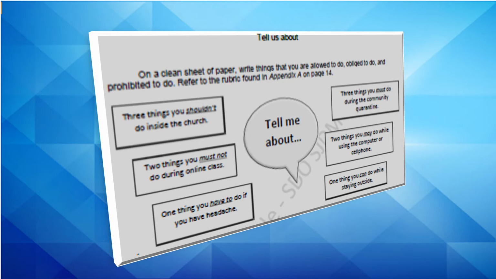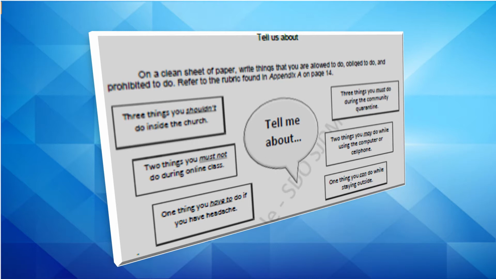In What's In on page 2, this activity is entitled Tell Us About. You are going to write things that you are allowed to do, obliged to do, and prohibited to do. Refer to the rubric found in Appendix A on page 14 of your module. For example, what are the 3 things you shouldn't do inside the church?